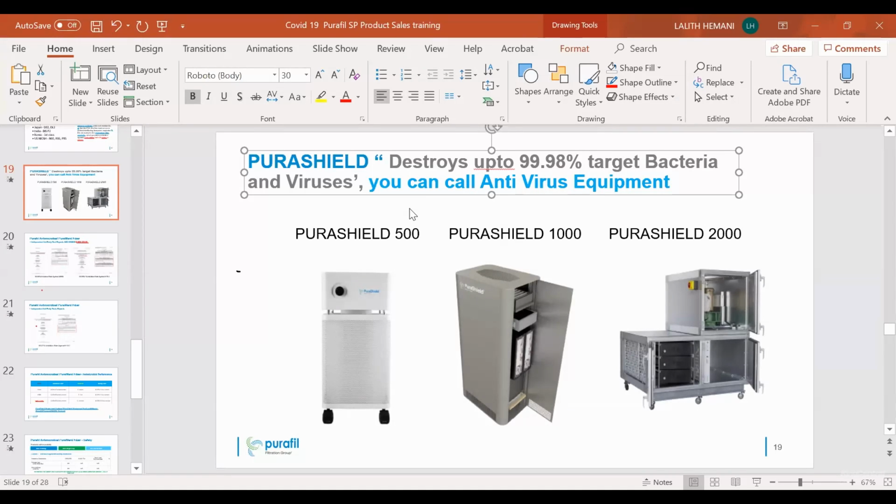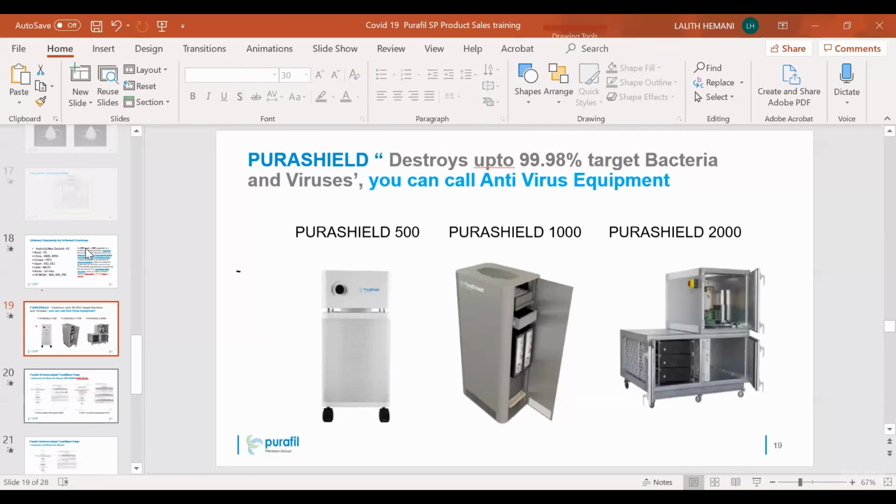It works on oxidation, so every quarter we have to draw a sample and test what is the balance life. If you're working only for bacteria and virus, it will last for a year. If other contaminations are there, it may last less, depending on the location. Suppose I'm installing this in the pulp and paper industry or oil and gas, other contaminations are also consuming this chemical, not only bacteria and virus. So every quarter you have to test the chemical, and we are here to support you on the testing.